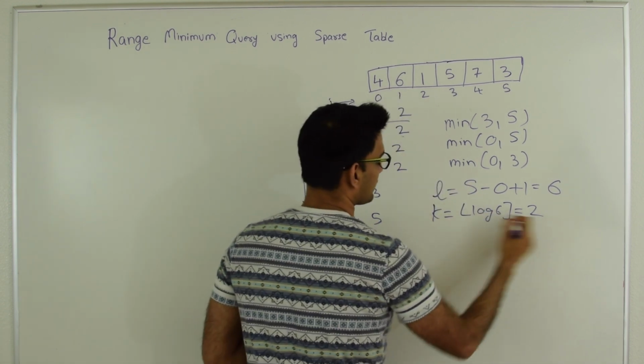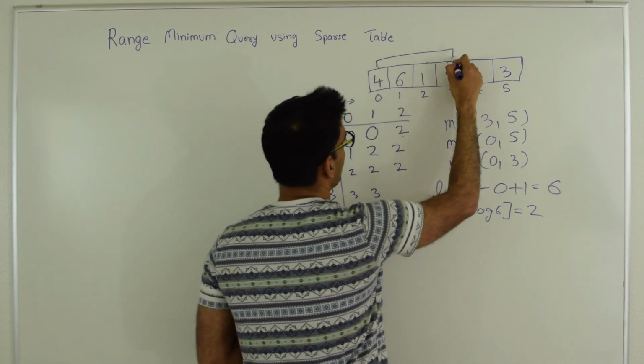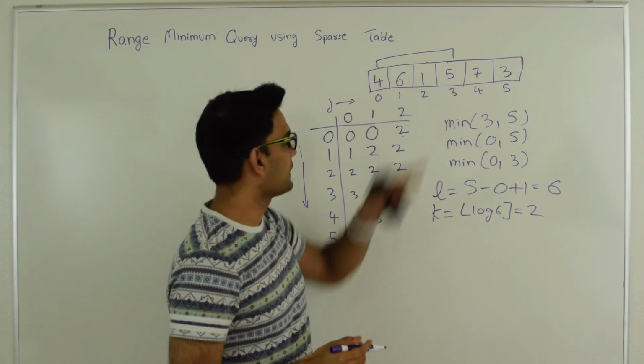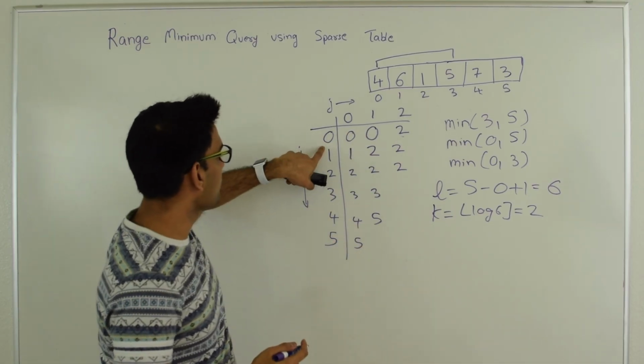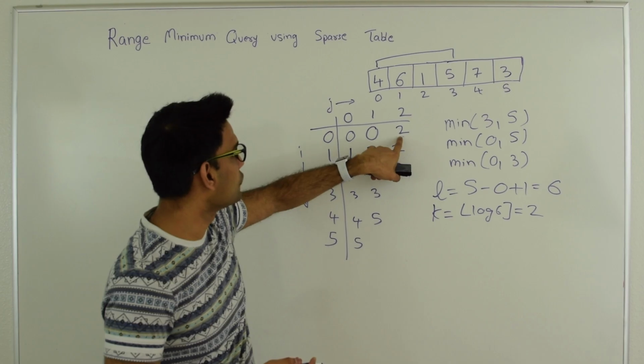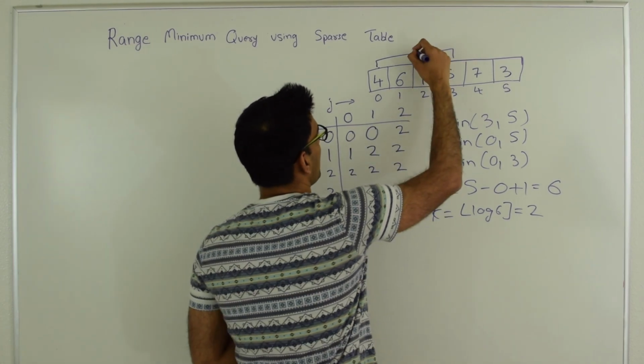K is 2, 2 raised to 2 is 4. So starting from 0, we look for the minimum of the next 2 raised to K elements, and that value we have already calculated. So go to 0 and then go to this column 2, and that value is 2. So at index 2 the minimum lies. So that value is 1.